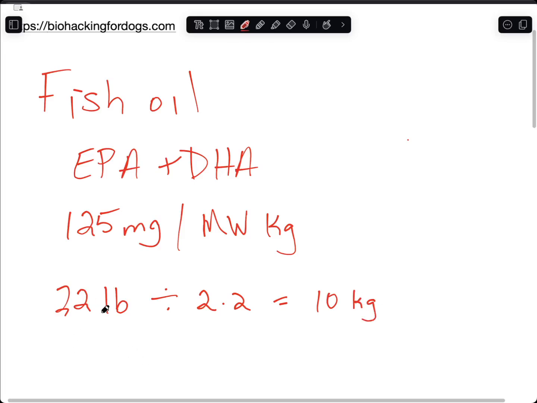All right. So now, in order to get the actual metabolic weight, you take that 10 kilograms and you increase that to the 0.75 power. Okay, so this is some higher math.